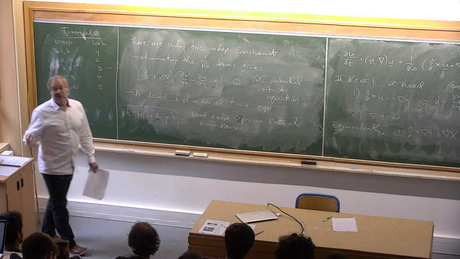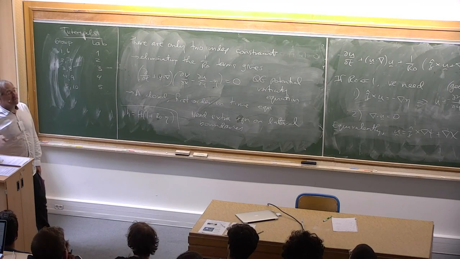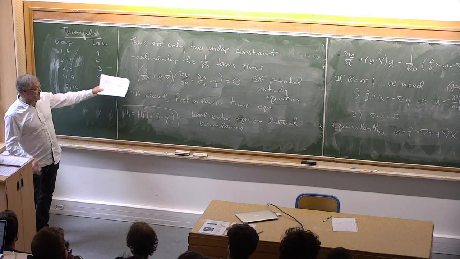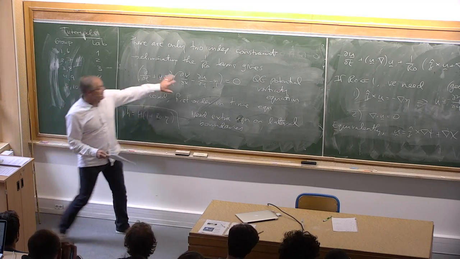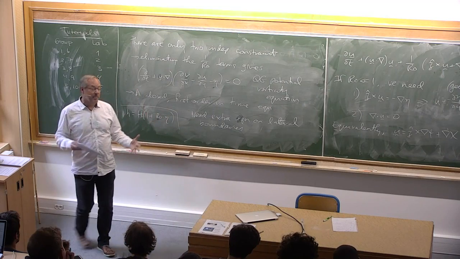Because if you differentiate the equations, like when you have a viscous boundary layer, you're going to need extra boundary conditions. You can see it immediately because if you want to solve for the velocity from the potential vorticity, you're going to need boundary conditions.